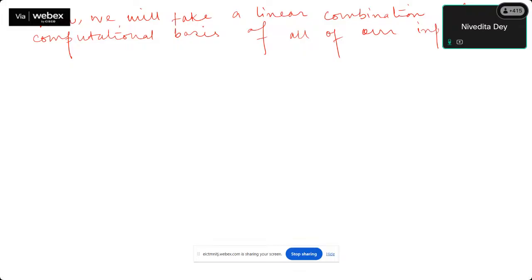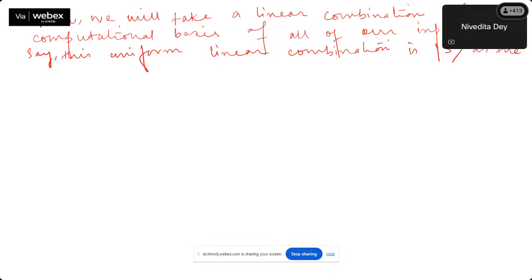Okay. So if we do that, say our uniform or linear combination is S, the standard state or superposed state, whatever you say.